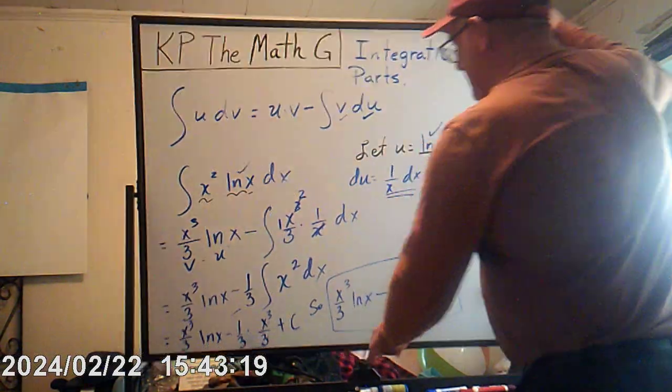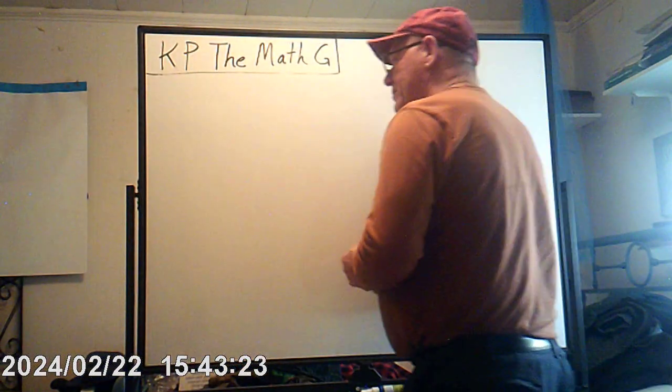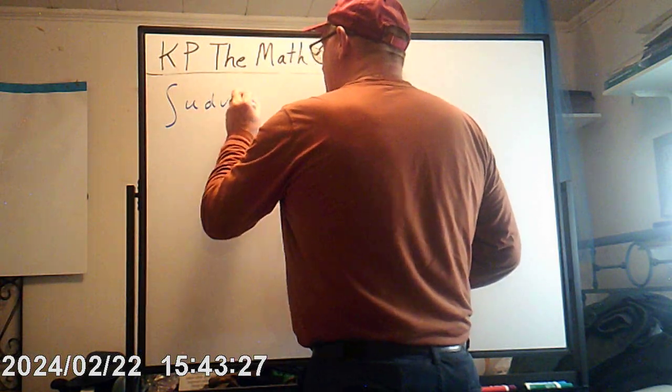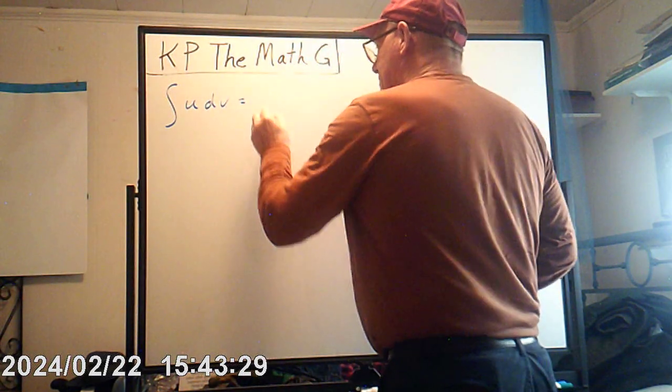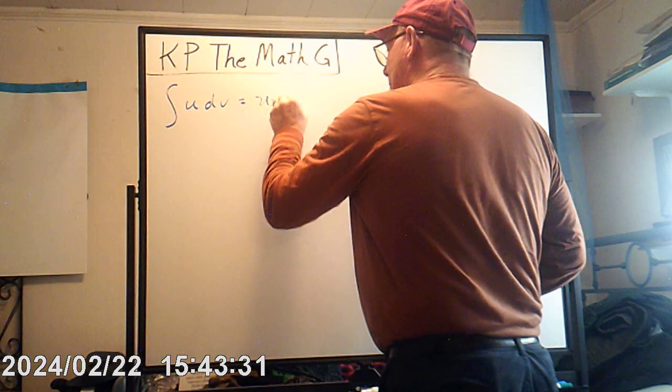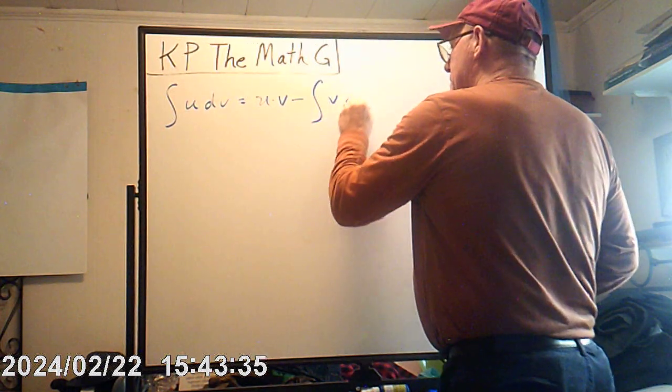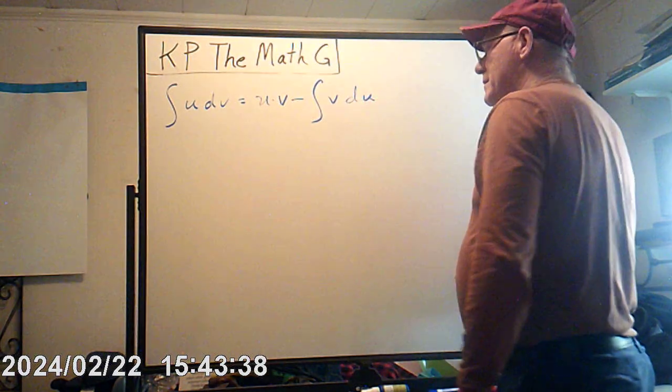I'm going to do one more problem based on this kind of idea. So let's do it again. Let's remember, we're integrating u dv is equal to u times v minus the integral of v du.